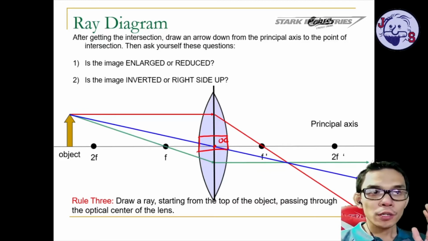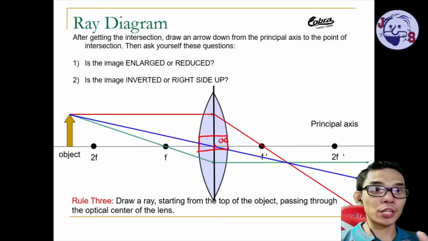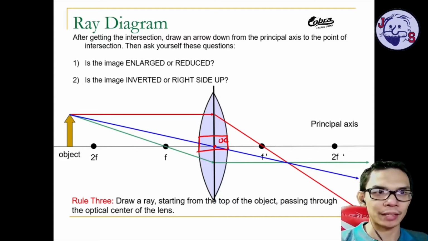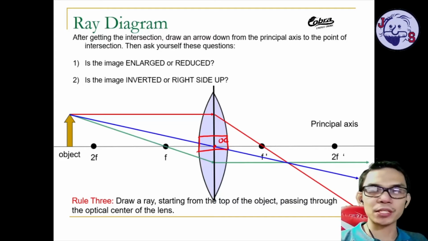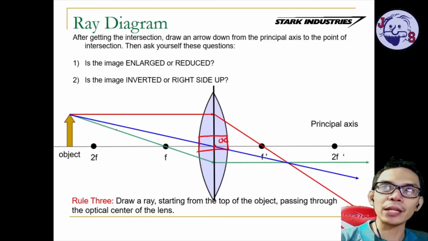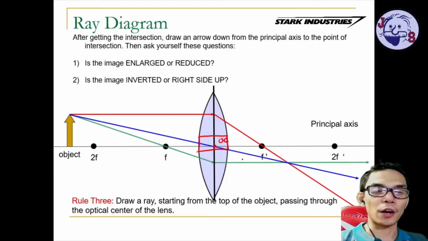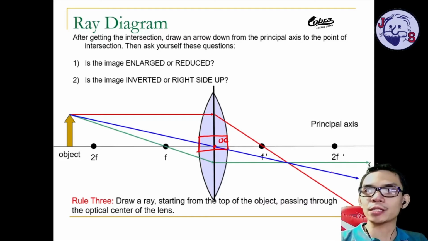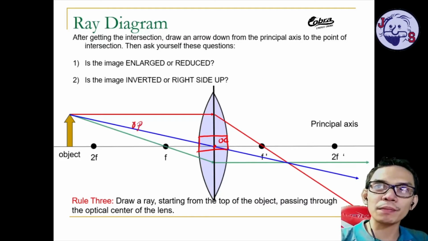As we all know, a square shaped prism doesn't bend light. So that is the reason why any light that goes through the optical center remains undeviated. So that is the optical ray.